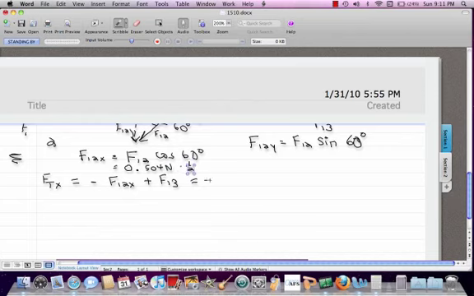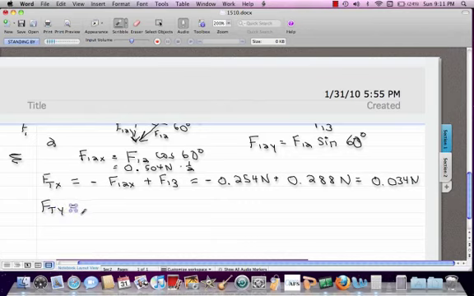I end up with negative 0.254 newtons plus 0.288 newtons, and I think the total is 0.034 newtons.